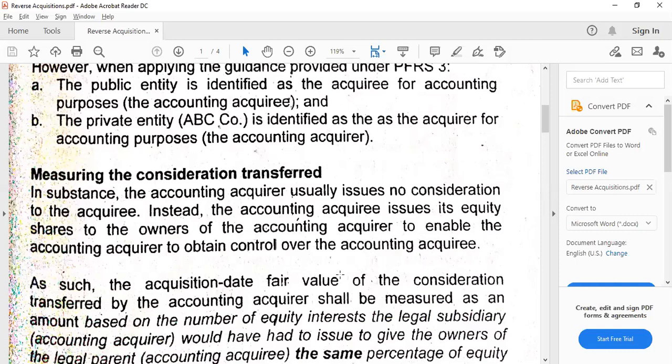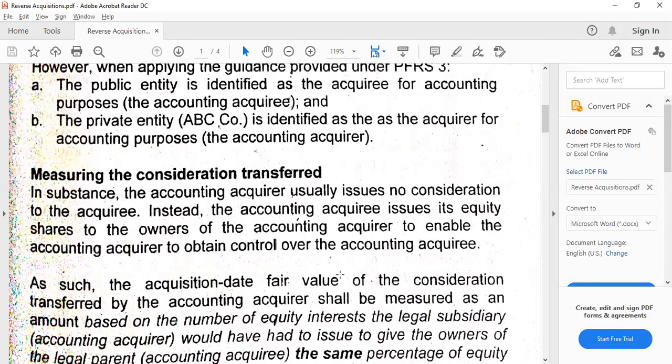And we are going to use the fair value of these considerations transferred by the acquirer. So if this is the usual or normal or traditional or conventional business combination or acquisition, remember the basis would be the consideration transferred by the acquirer, that is the acquirer both legally speaking and accounting wise.